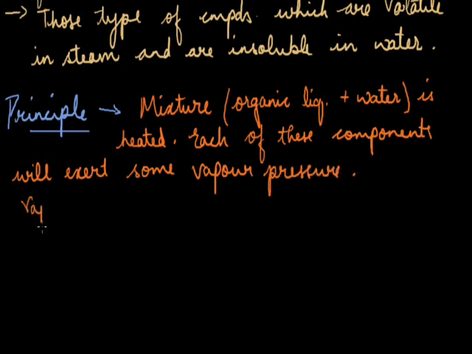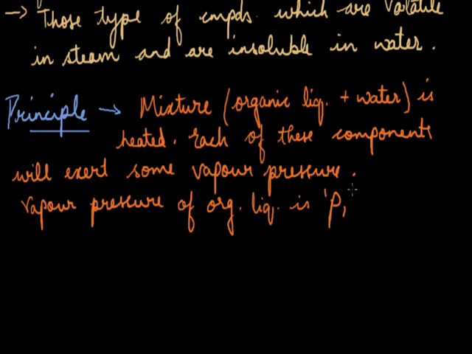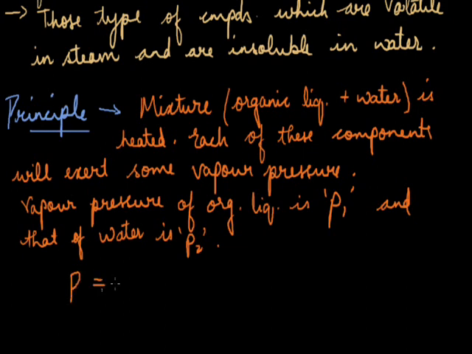Suppose vapor pressure of the organic liquid is P1 and that of water is P2. So the total vapor pressure, that is P of the system, will be P1 plus P2. Now the liquid will start boiling at this pressure, that is P.